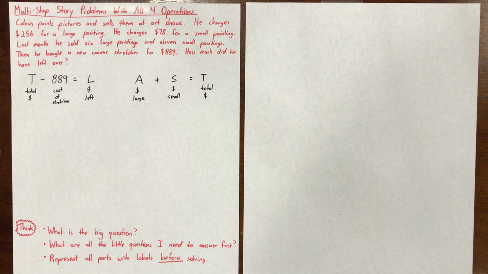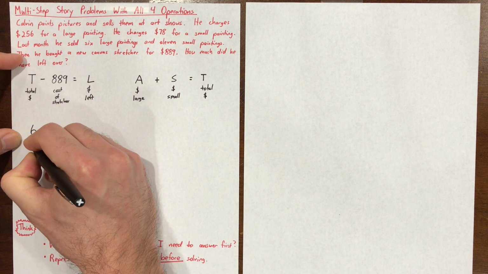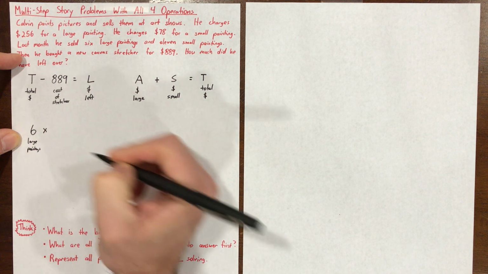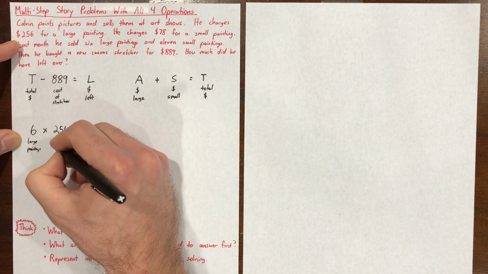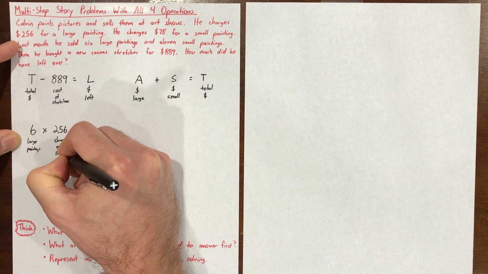All right, well, what about these two? How do we represent those two amounts? Say it out loud. Right. For the large paintings, we'll take 6 because he sold 6 large paintings. And we'll multiply that times 256 because that is the amount that he charges for each large painting.